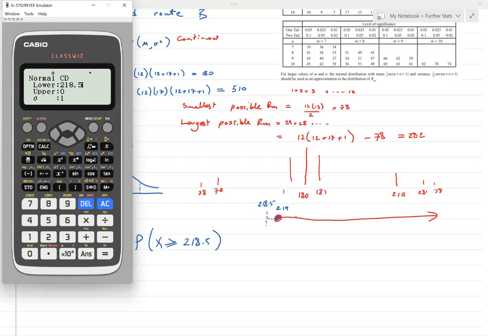Notice that in this actual distribution, 282 is the largest it could be anyway, but with the theoretical normal approximation, 500 would do, or anything larger than 300 or so. So let's put in our standard deviation, which is the square root of the variance, so that's the square root of 510.